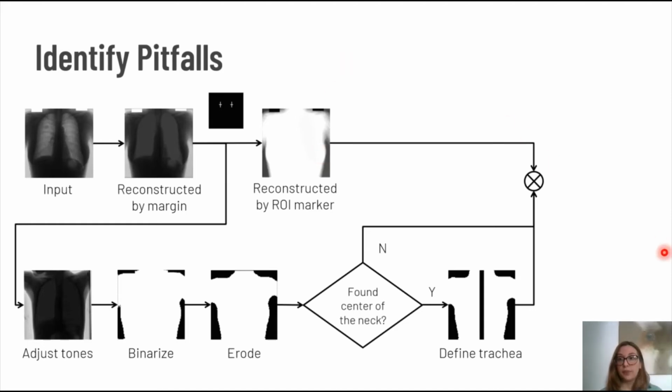On the next step, we want to remove any noise that appears close to the neck region. So we apply the mask that we produced until now to a reconstruction of the reconstructed by margin image. Here we apply a markup that considers the expected position in which we will always find a silhouette in a CXR image.